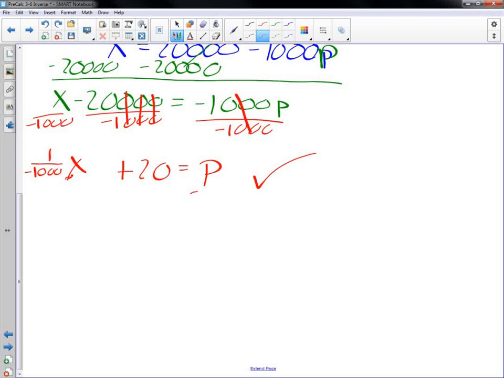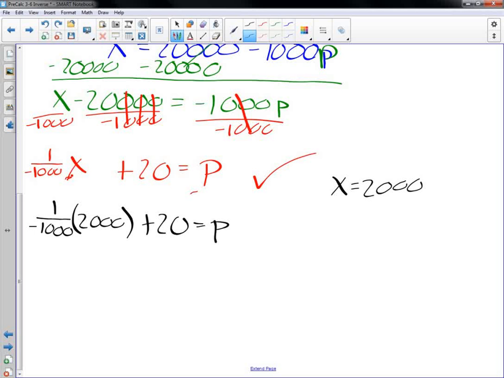Well, what we could do is say, okay, I have 2,000 headphones. I want to sell each, but I don't want to sell them for a penny each. I want to make money. So if I took 2,000 and plugged it in for x here, I'd get 1 over negative 1,000 times 2,000 plus 20 is equal to P. If we do our multiplication here, I believe we get negative 2 plus 20 is equal to P. Negative 2 plus 20.